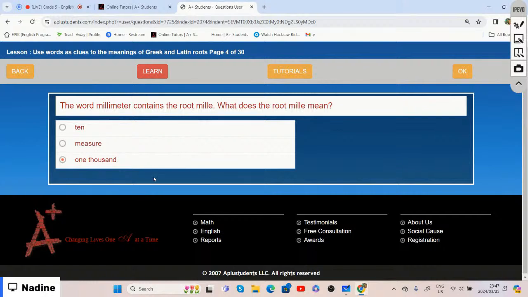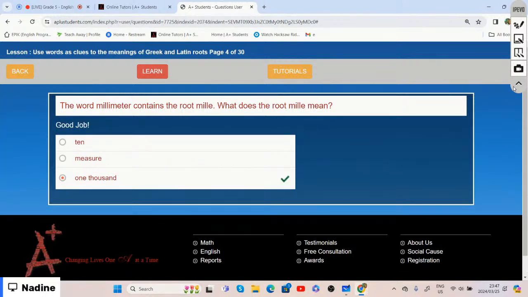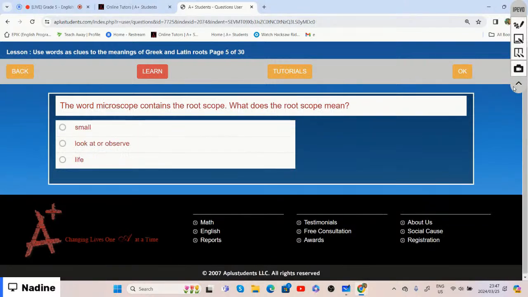Milli is 1,000 because there are 1,000 millimeters in a meter. So millennium is 1,000 years.